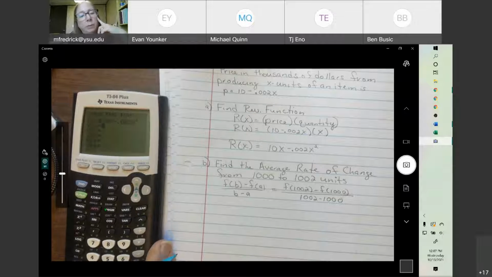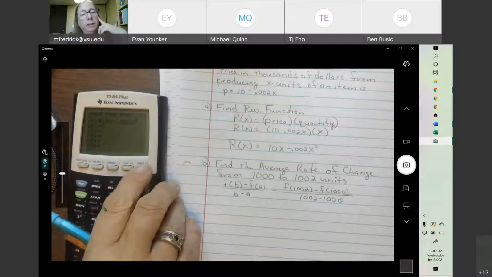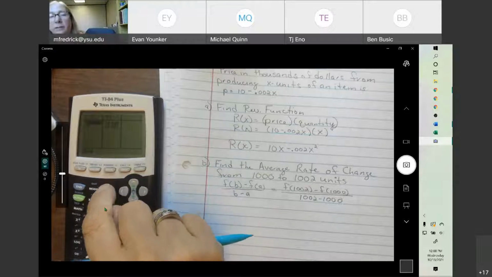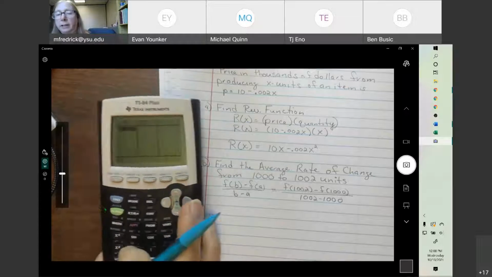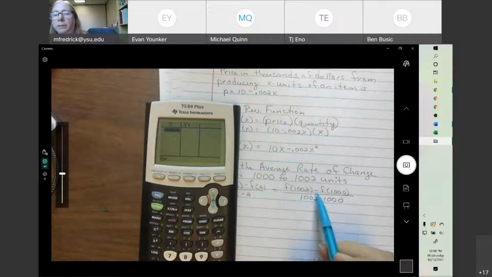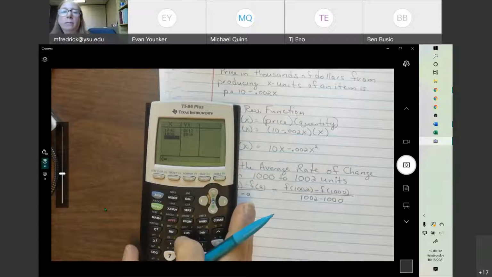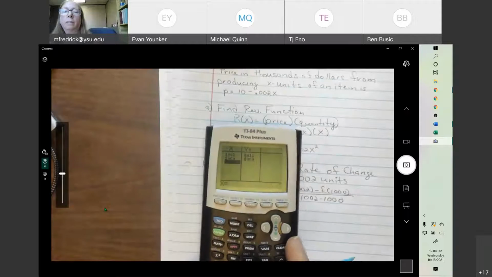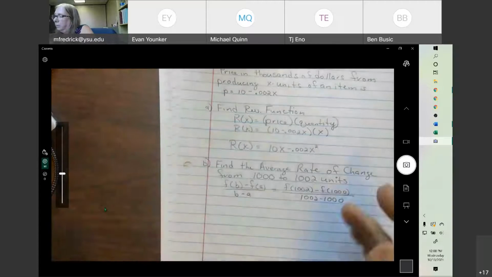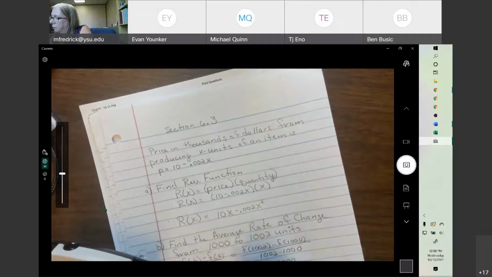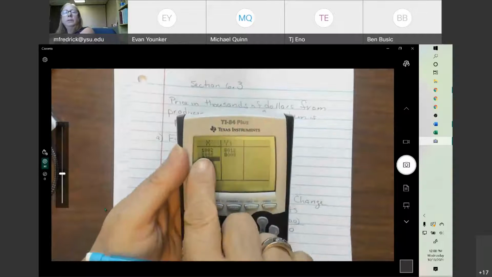You just need to go to the table, second and table, and then I'm going to delete the two values that are there by hitting delete and plug in 1,002 and 1,000. We get, so these would be your 2 points.